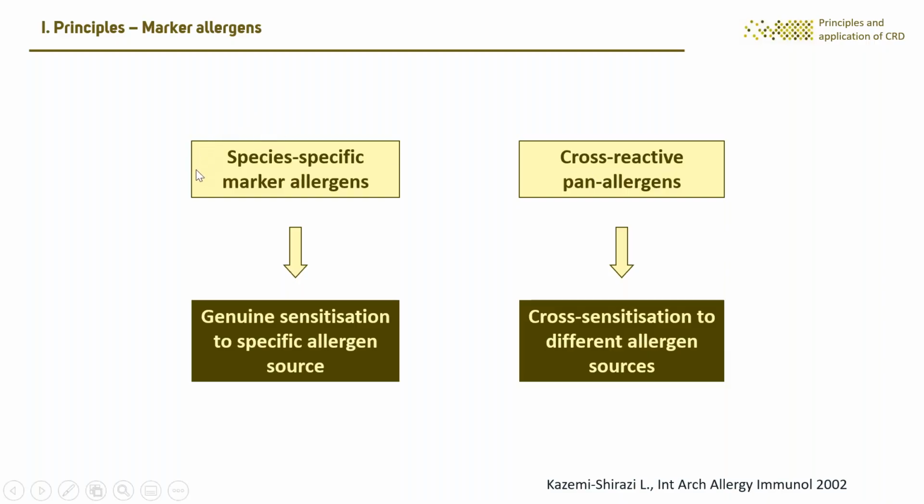If the patient has IgE to such a species-specific marker allergen, this tells you that the patient is truly sensitized to that allergen source. On the other hand, IgE to such cross-reactive pan-allergens tells you that the patient is likely to show cross-reactivity to a larger number of different allergen sources.